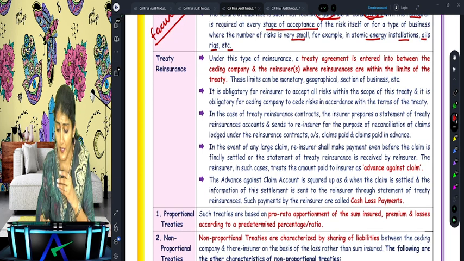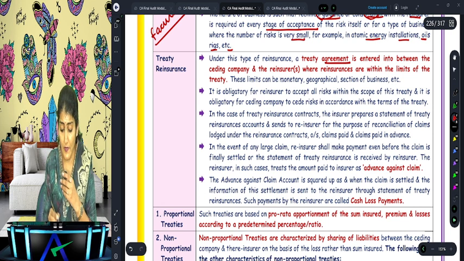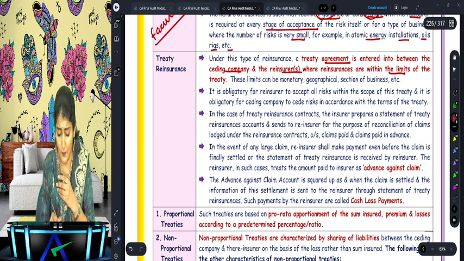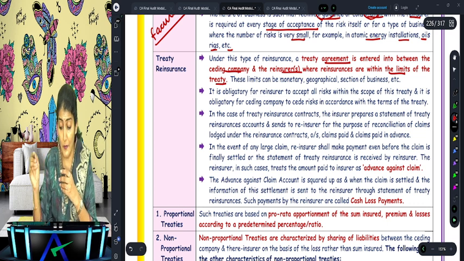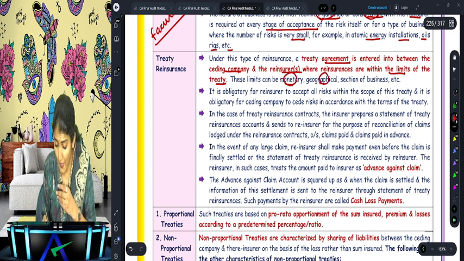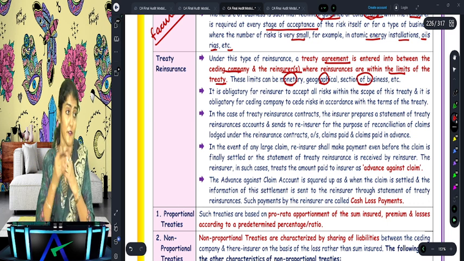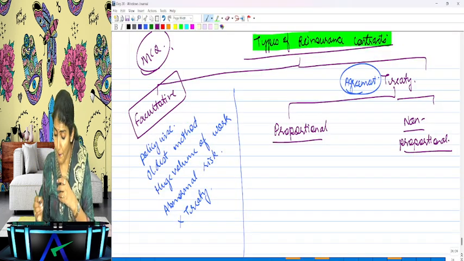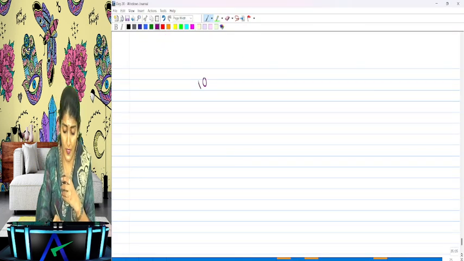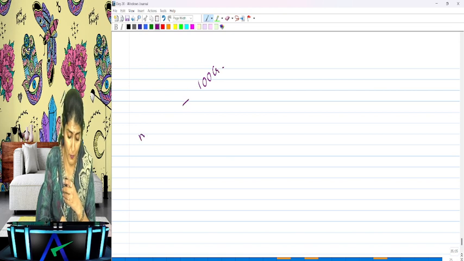Treaty is where you enter into an agreement between the ceding company and the reinsurer, where reinsurances are within the limits of the treaty. And these limits can be monetary, geographical, section of business, etc. Right, that is what you say, up to 100 crore you insure, give me a reinsurance cover. This is what monetary.